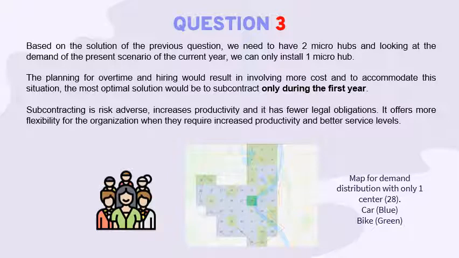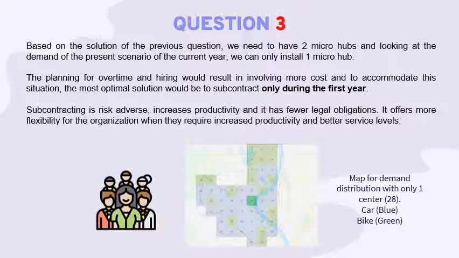For question 3 and final question, we ran the model again, increasing the capacity to the total demand so we could know with the solver where to distribute bikes and cars, only having one distribution center, since we knew that it was not possible to have 2 distribution centers as our optimal solution.